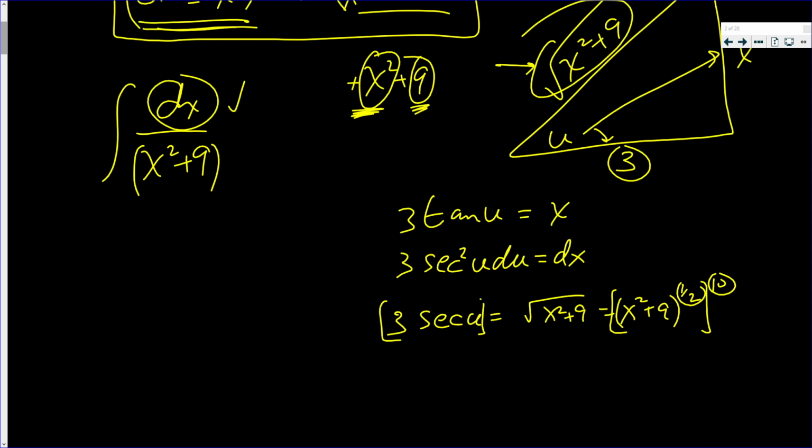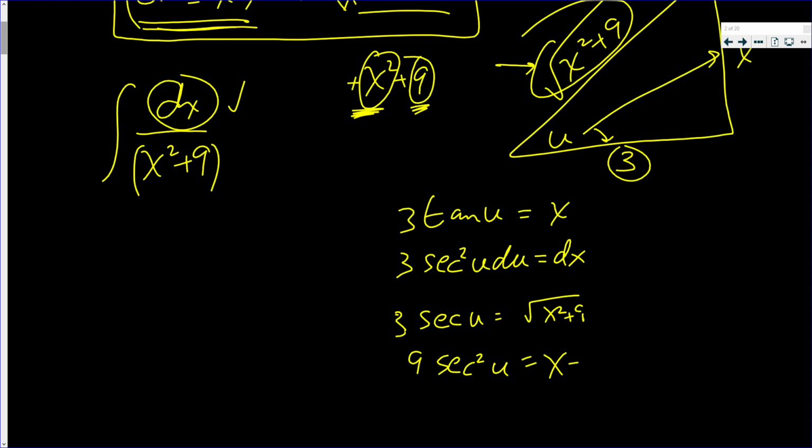That means I'm going to square both sides. If you square both sides, you get 9 secant squared u is x squared plus 9. And that's all I needed, x squared plus 9. Okay, so I have both pieces.